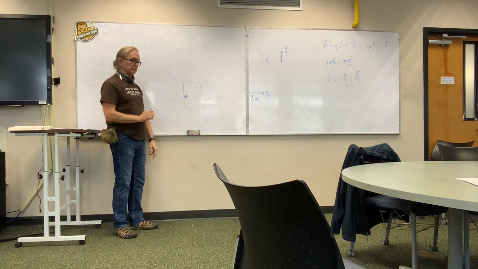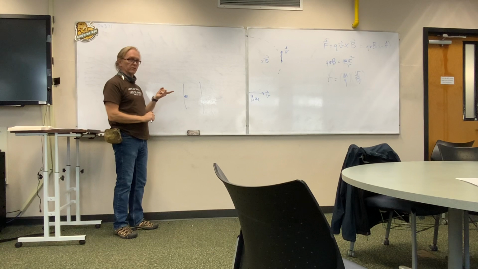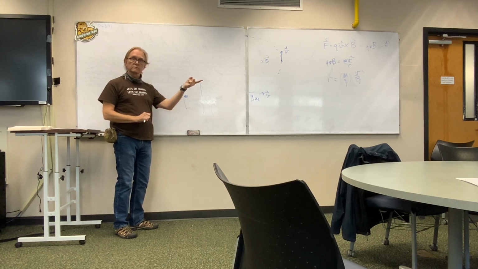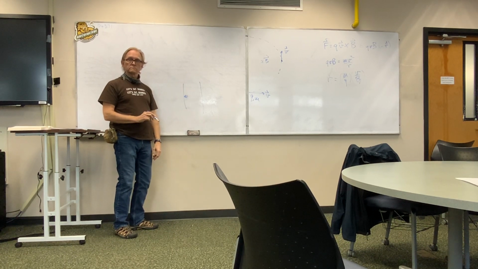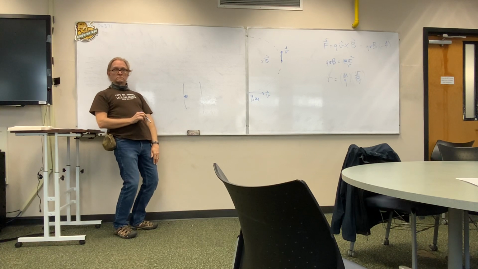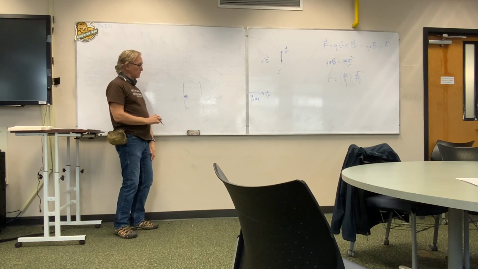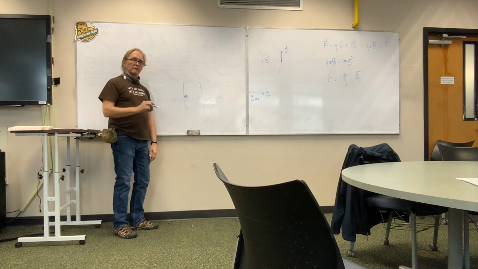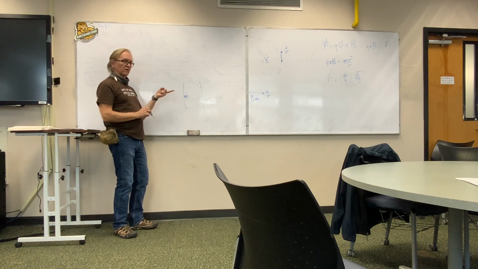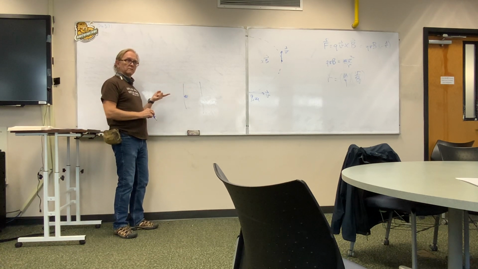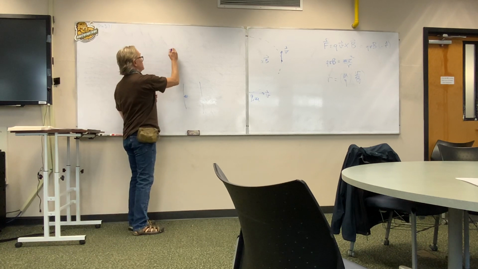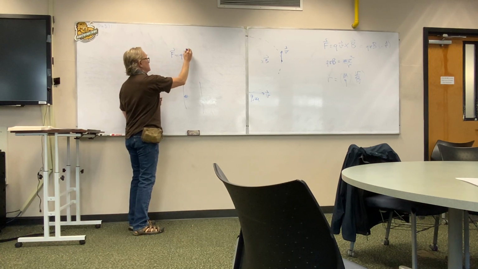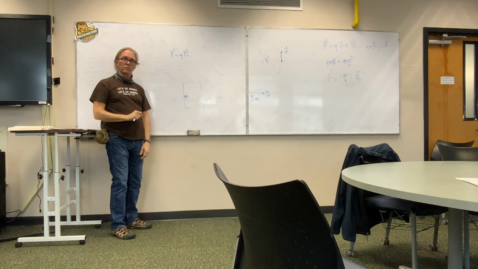How do I charge up my plates? Which direction is the electric field if I want it to go that way? Is it that way? You're overthinking it. It's positive charge, I want the force this way. So the electric field has to go to the right, in that same direction.